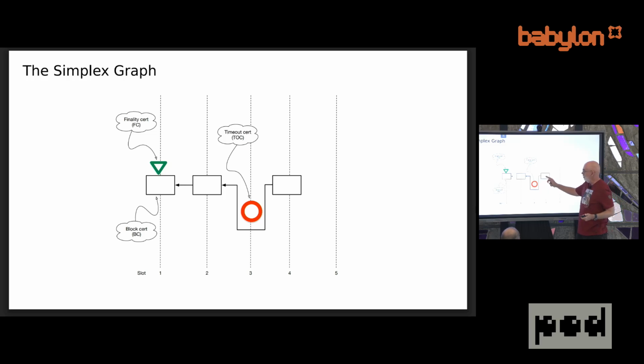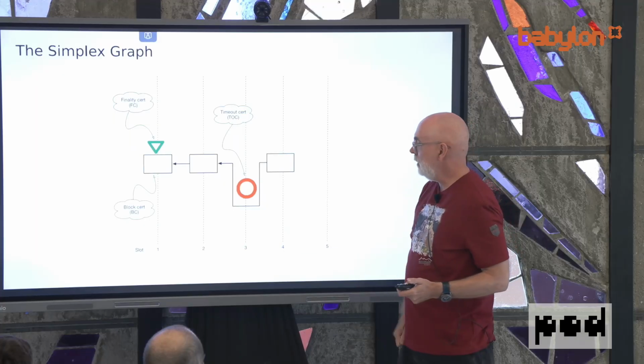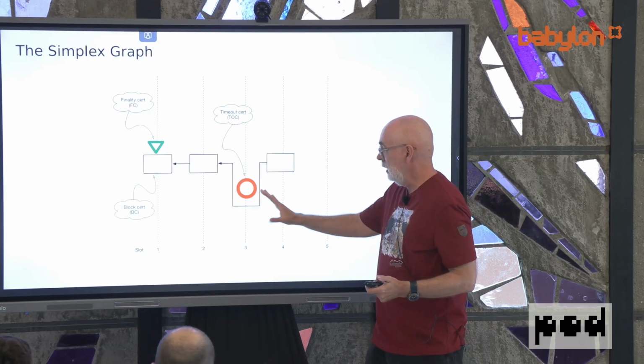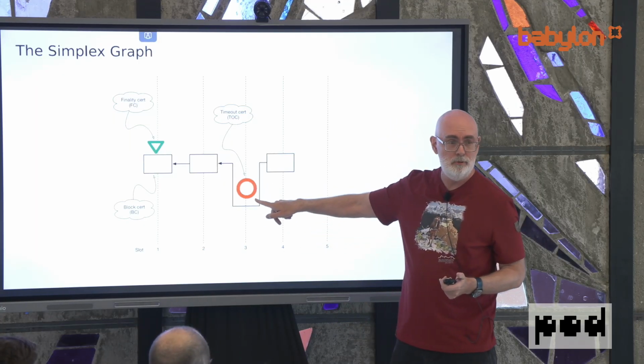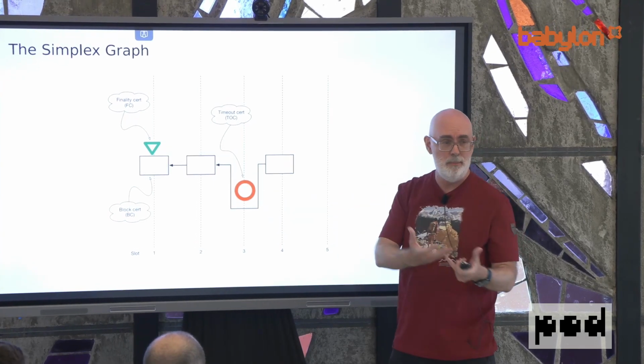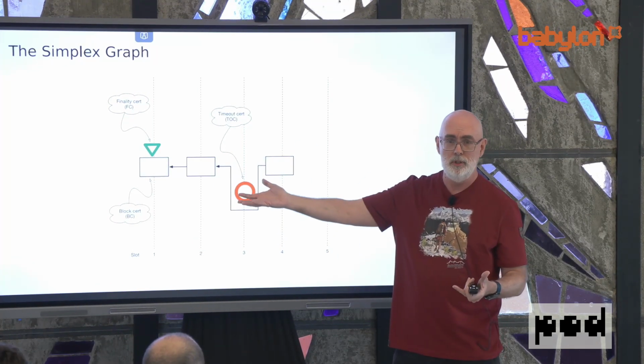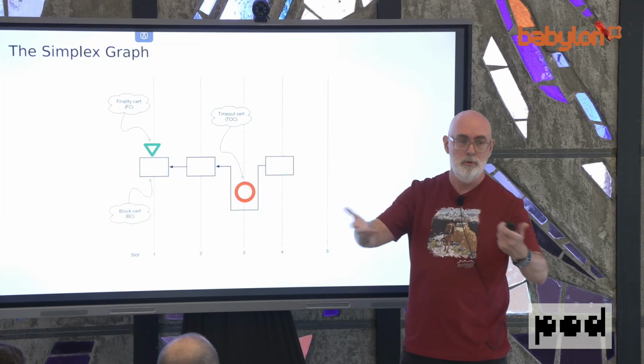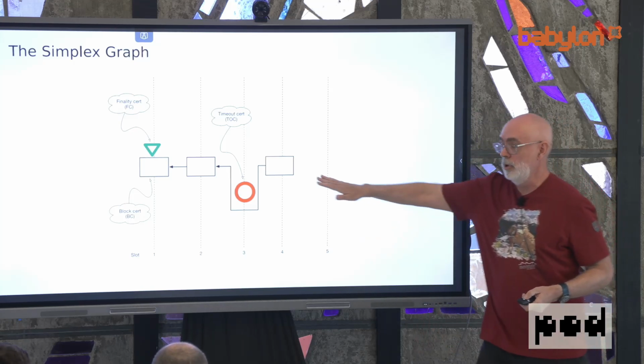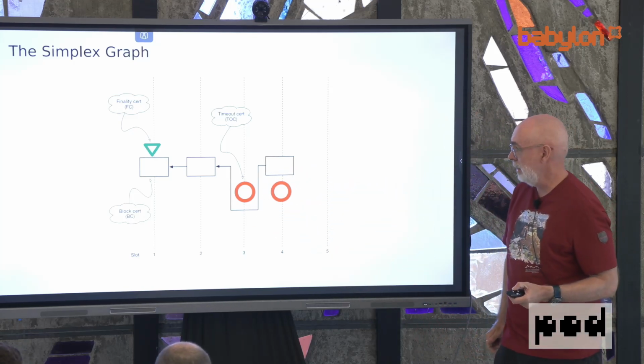You can point to your previous predecessor, or you can point arbitrarily far back in the chain. But the rule is, if you skip a slot, you can only skip it if there's a timeout certificate there. And the leader doesn't broadcast the timeout certificate. It just knows that if it sees the timeout certificate, everybody else will eventually see it. So they'll vote for his block when they see the necessary timeout certificates.